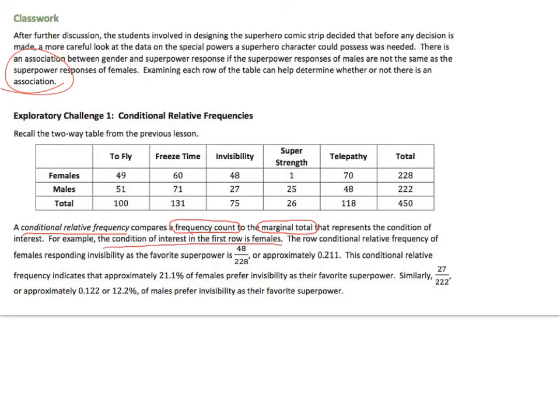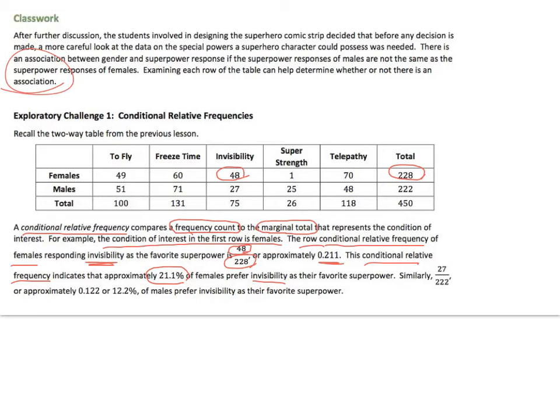The row conditional relative frequency of females responding invisibility as the favorite superpower is 48 over 228, which is the total number of females that were surveyed, or approximately 0.211. This conditional relative frequency indicates that approximately 21.1% of the females prefer invisibility as their favorite superpower.